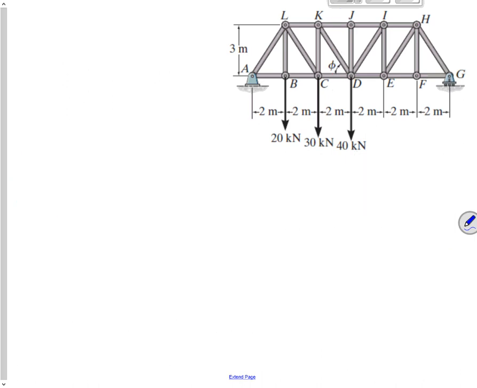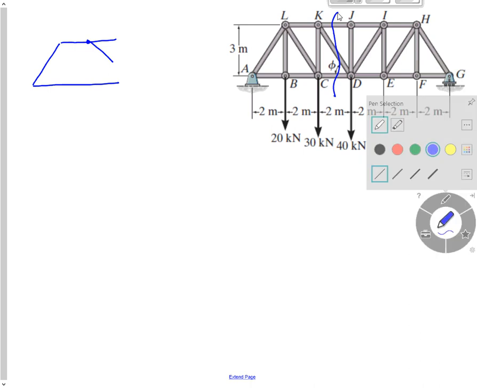So now let's talk about sectioning. Remember, we're going to section this truss right here, and we're going to analyze the left-hand side. So I'm going to draw a free body diagram for that left-hand side. Now, what forces are acting on this?